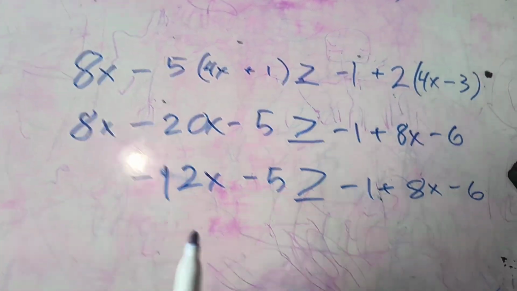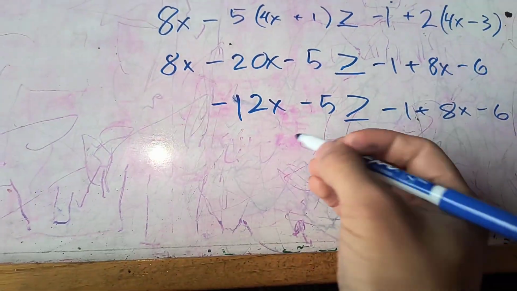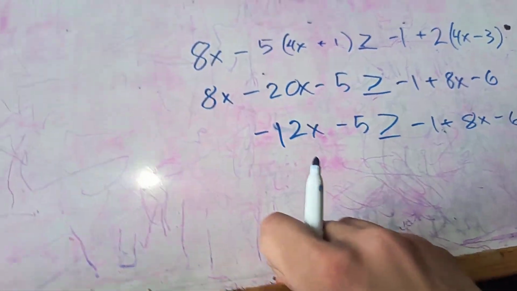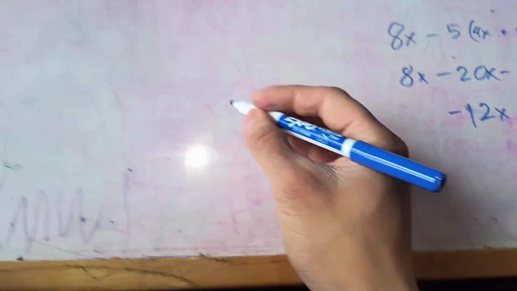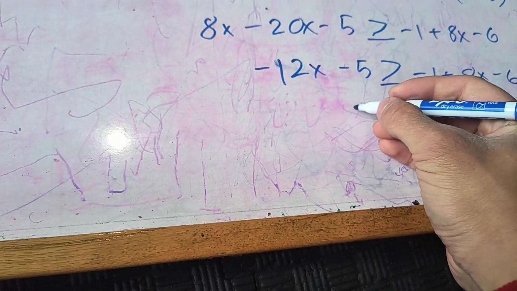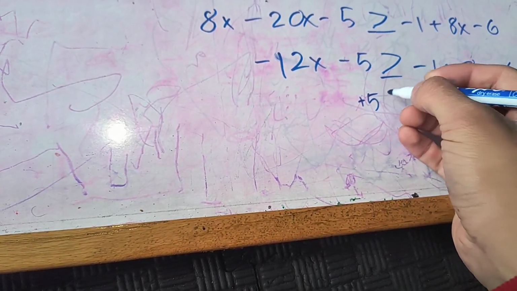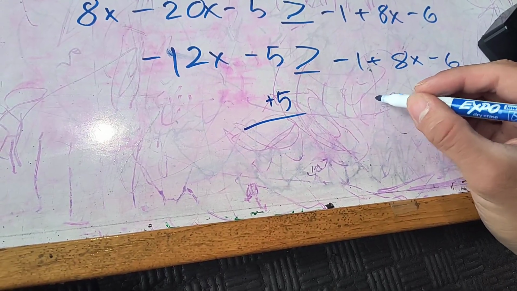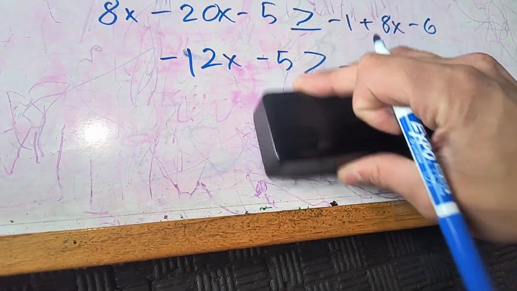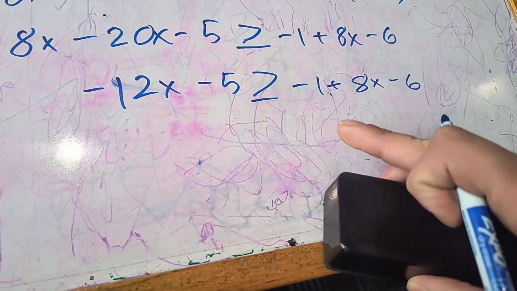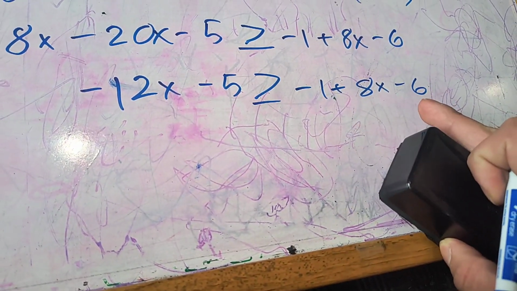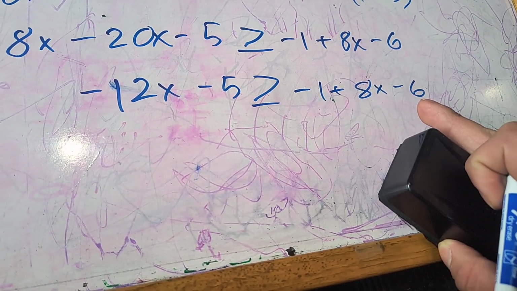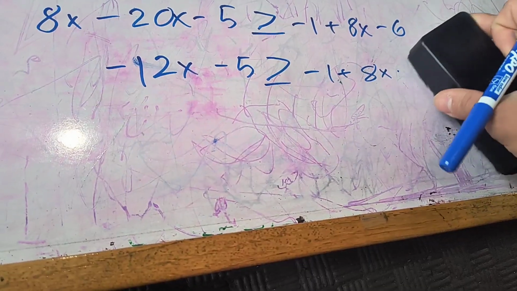We just add 5 to this side, and first let's combine these like terms on this side. Negative 1 plus negative 6 is negative 7.